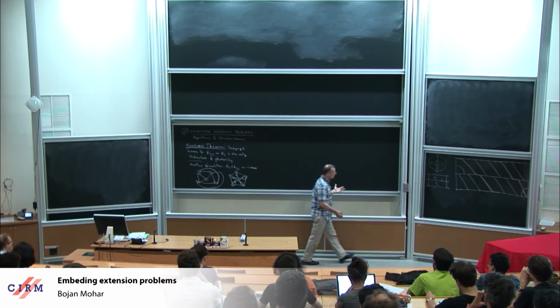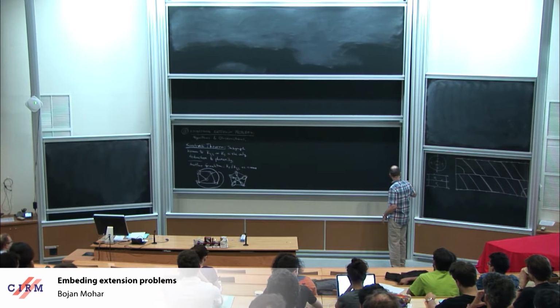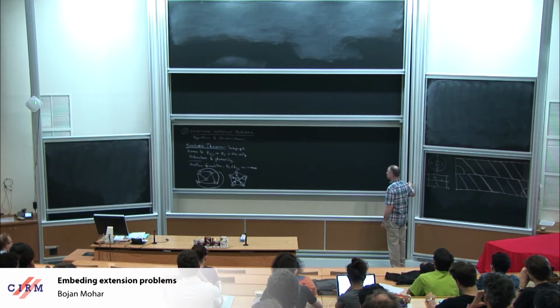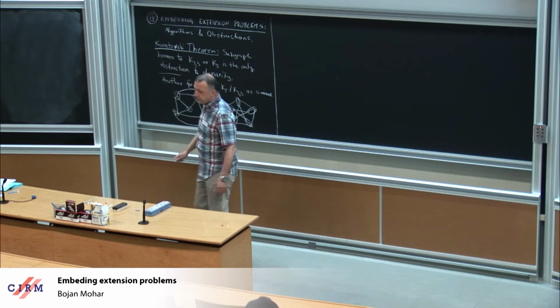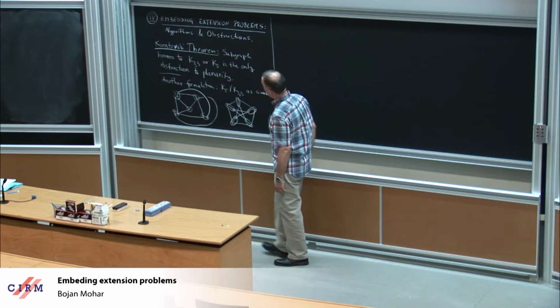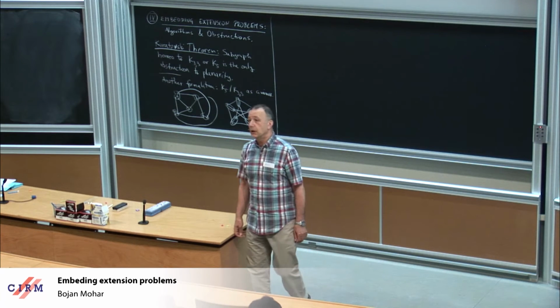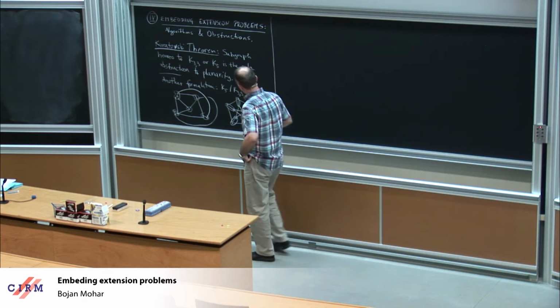Now, you may wonder what happens. So this is about obstructions. Now I mentioned also algorithms, and I should mention that a result of this kind also gives polynomial time algorithms for discovering if a graph is planar or not planar.